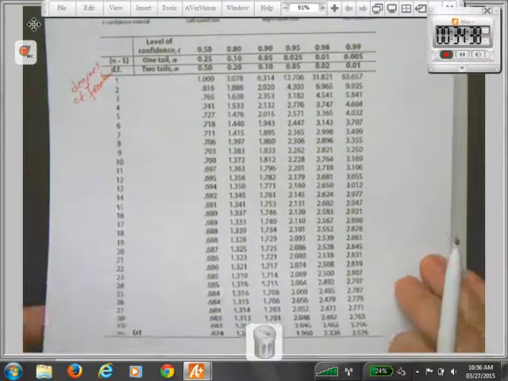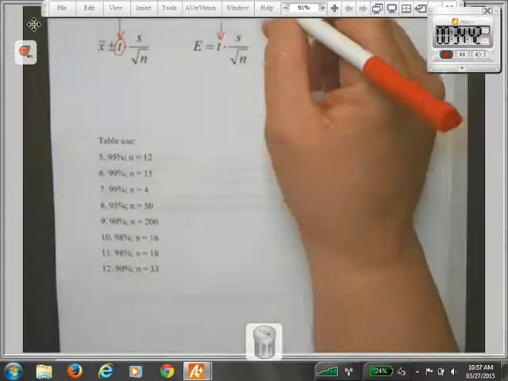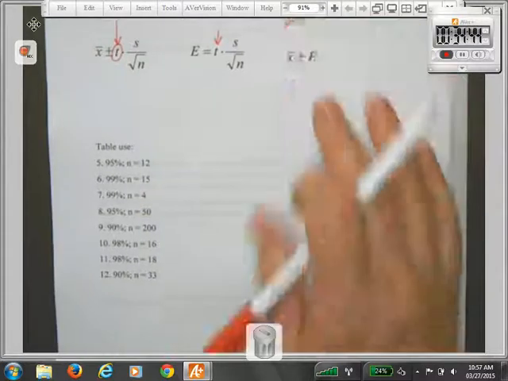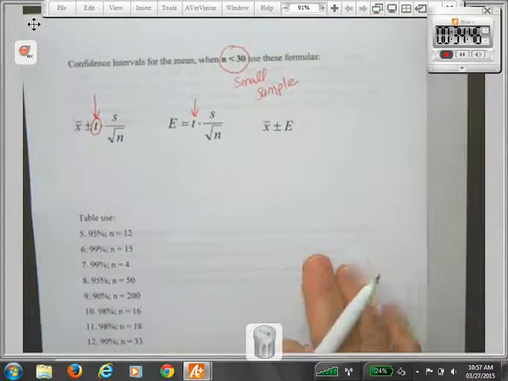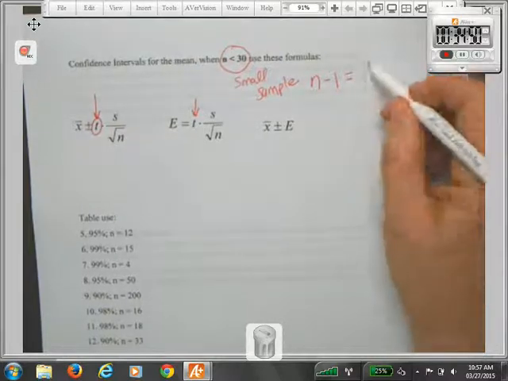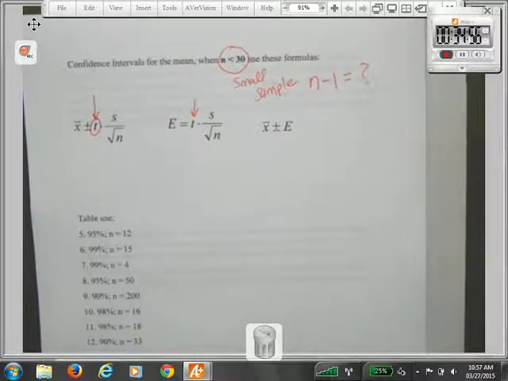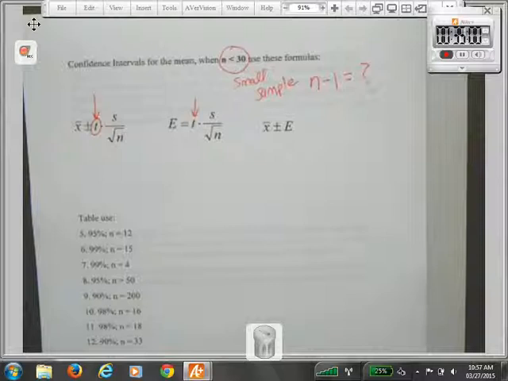That's an important idea here. So once you know that your N is less than 30, one of the first things you need to do is figure out what N minus 1 is. Super simple, but it's an acknowledgement that you are no longer using a high sample size.